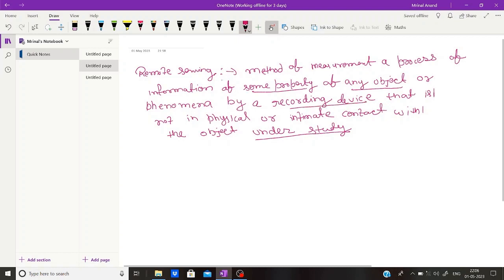So according to the definition, it is the method of measurement, a process. So we are measuring a process. What is the process?